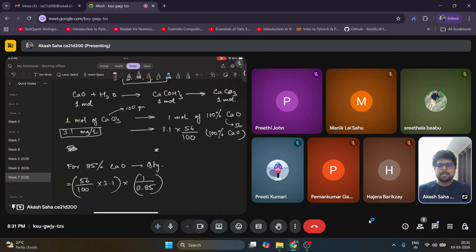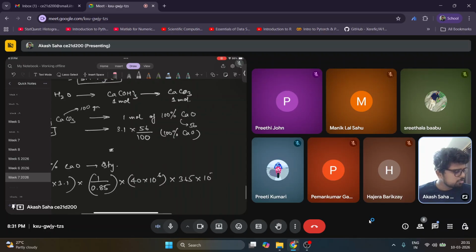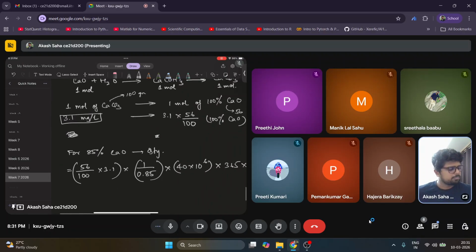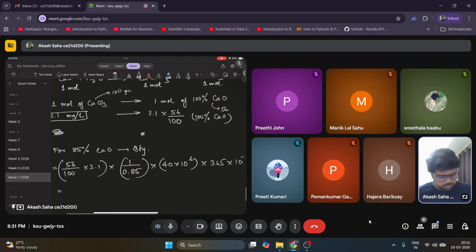So you just have to divide by 85%, into the discharge, 40 into 10 to the power 6, into 365 to convert into year, into 10 to the power minus 9 for tons. So you'll get 29.8 tons per year. That's how you have to do it.